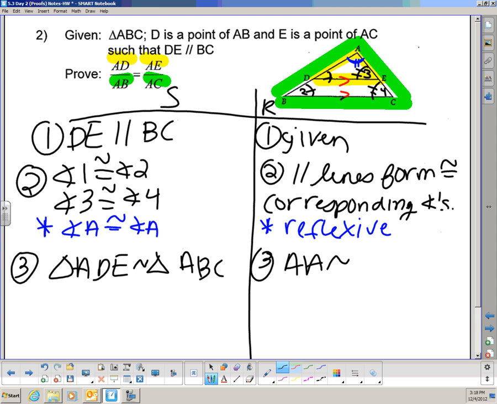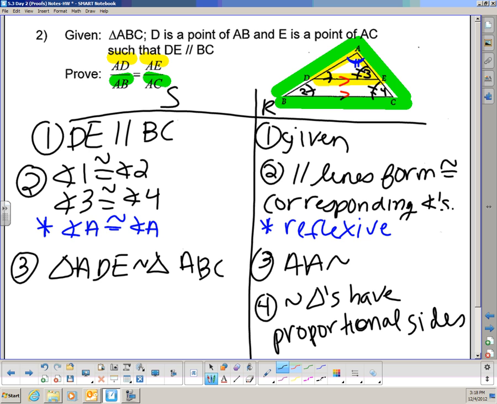Once you've got similar triangles, you know that similar triangles have proportional sides. And that's exactly what you were trying to prove, that AD is to AB as AE is to AC. These are proportional sides, and that's the end of your proof.